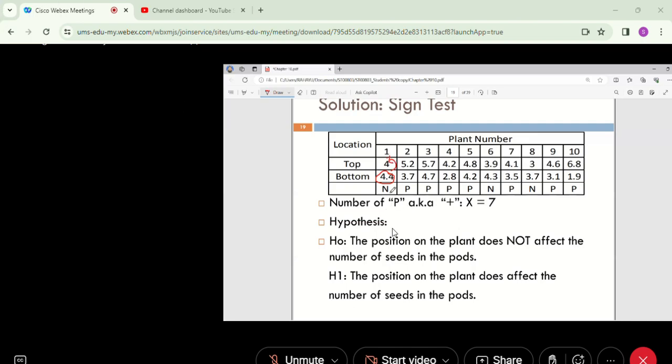So we get negative here, negative here, negative here. So 3 and 7. The null hypothesis statement is that the position of the plant does not affect the number of seeds in the pots. This is the alternative hypothesis statement.